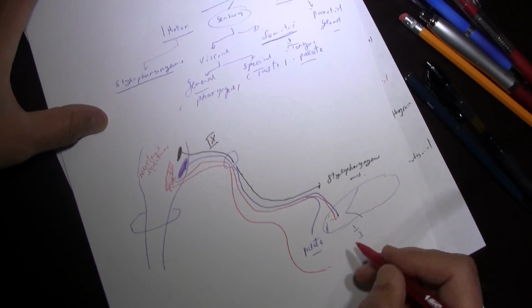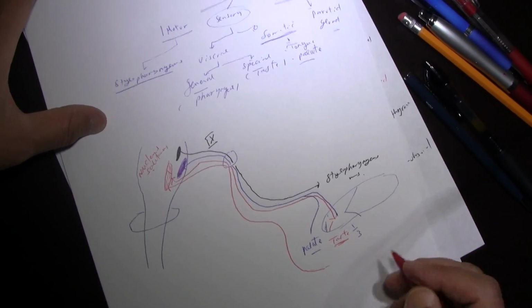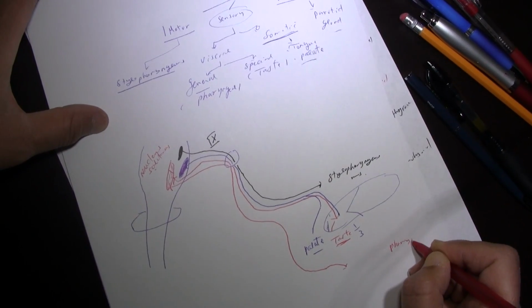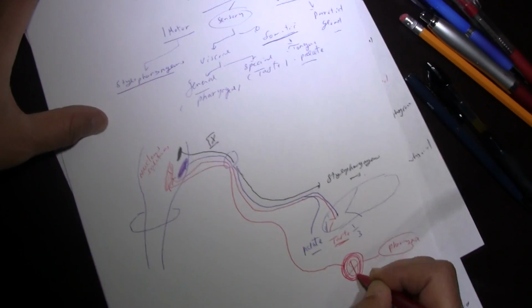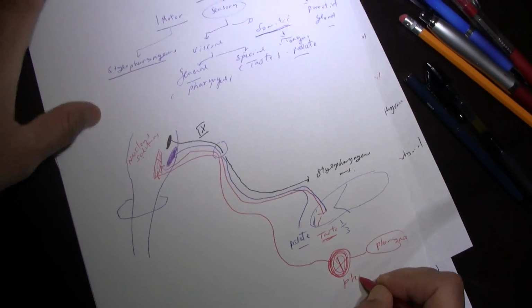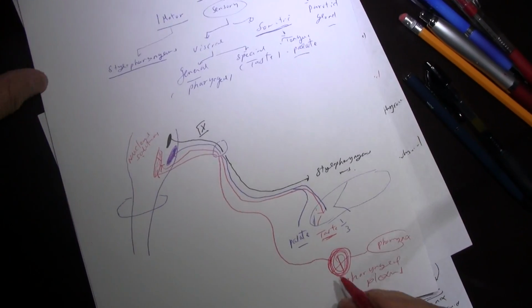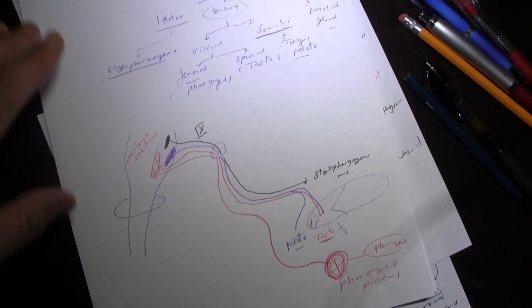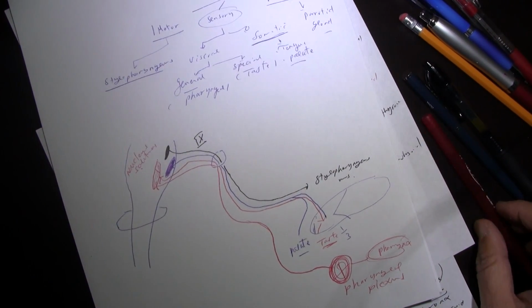From the tongue, taste sensation is special sensation. From the pharynx, sensation goes to the plexus of nerves which is the pharyngeal plexus, and the sensory root of the pharyngeal plexus is the glossopharyngeal nerve, carrying general sensation from the pharynx.